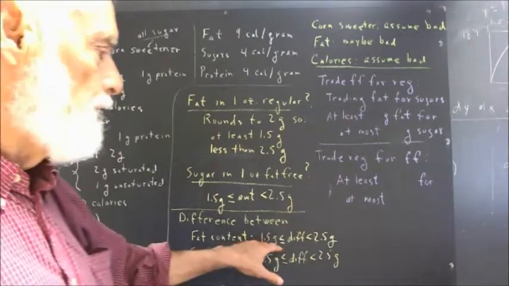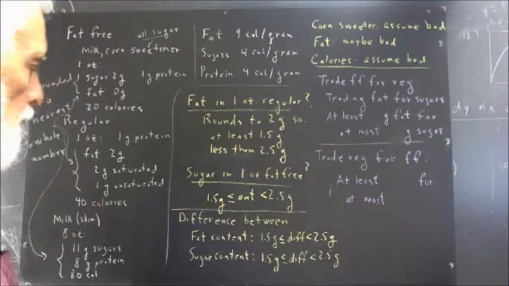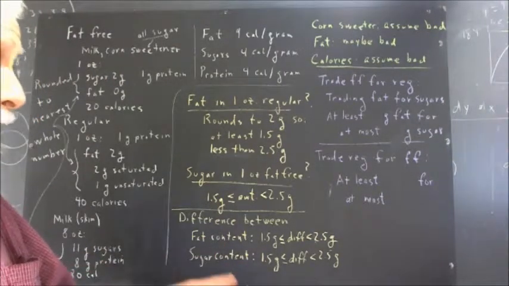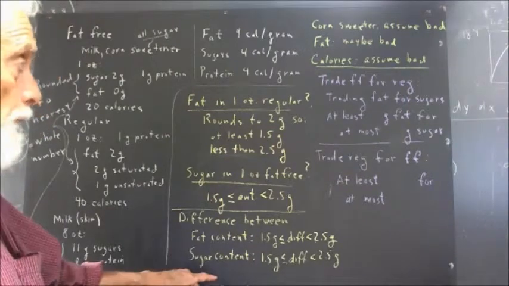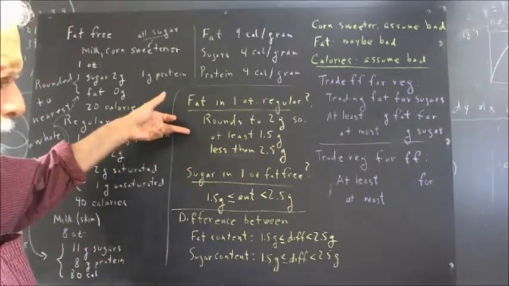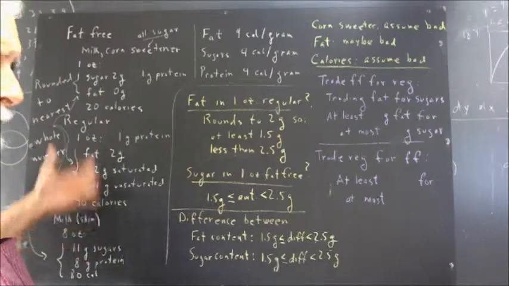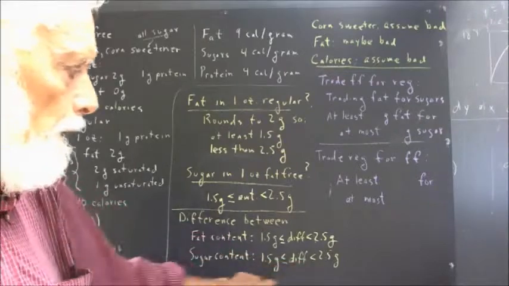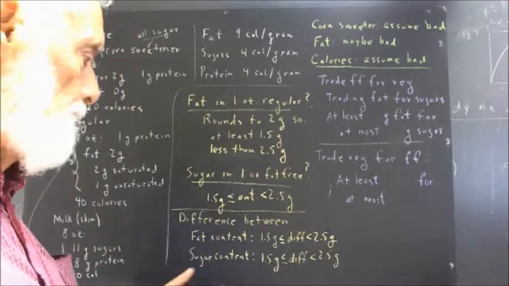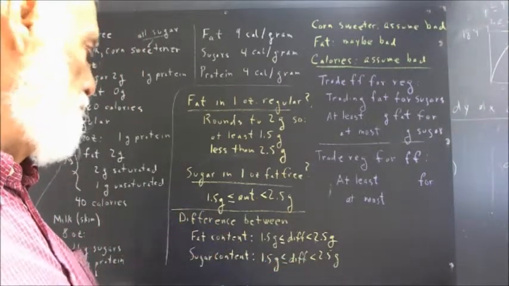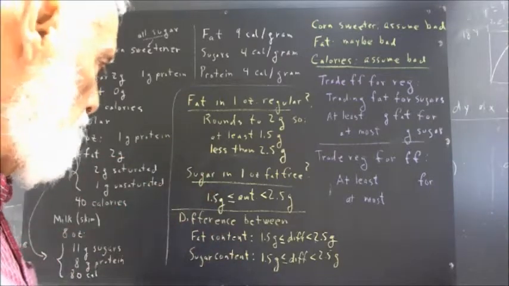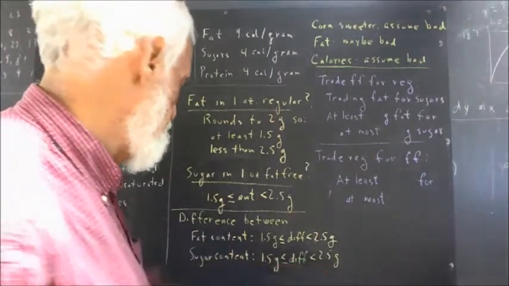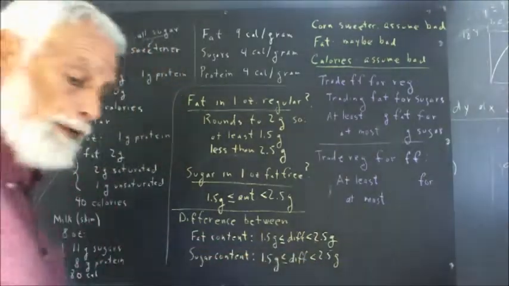And the less than or equal here, the less than here, that's not particularly important for this application, but it's a good idea to be in the habit of keeping track of that. And sugar content, well, if we assume there's no sugar, and we haven't really concluded that, then the difference is the same, except, of course, we're trading now sugar. That's the difference in sugar content between 1.5 and 2.5 grams.